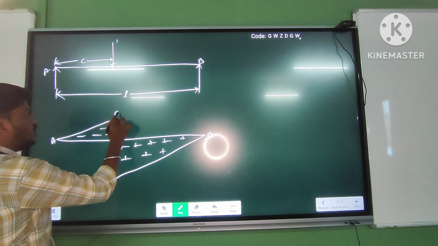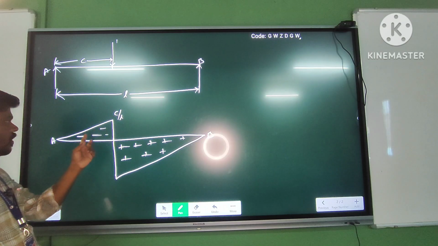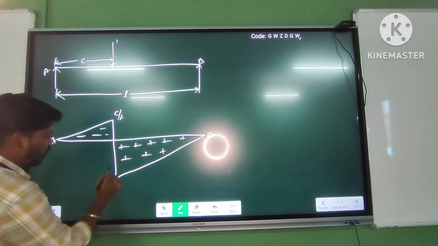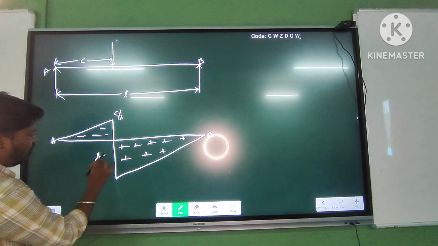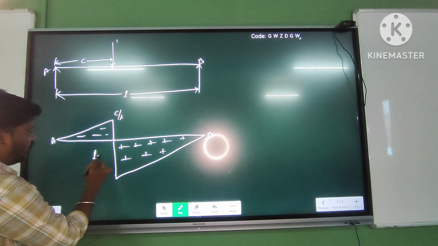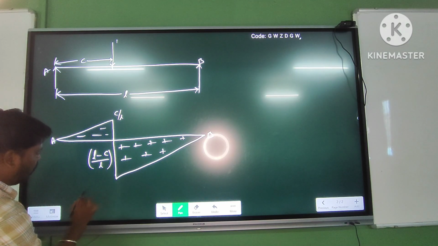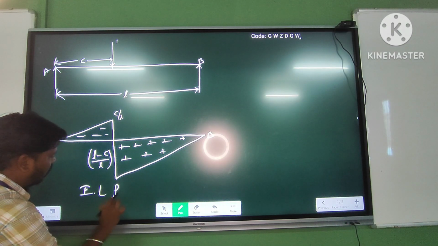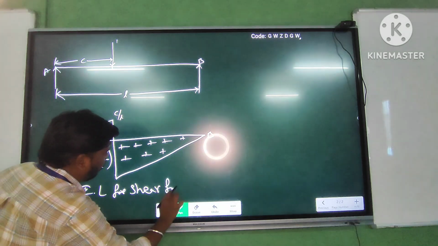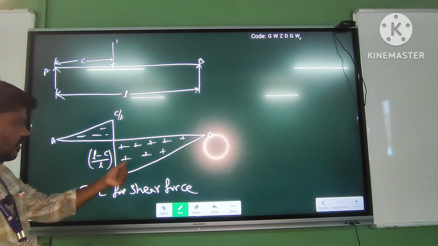The intensity here is C by L. I am not writing minus here because we are already representing this as the negative zone. Likewise here also L minus C by L is the intensity. This is called the IL for shear force. This is how the influence line will look.